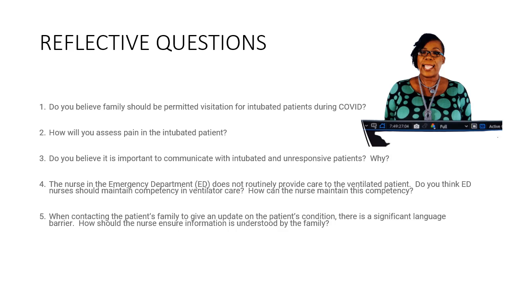Do you think emergency room nurses should maintain competency in ventilator care? Yes, because remember, if a patient's Glasgow Coma Scale is less than 8, they need to be intubated. It does not mean that the patient needs to be transferred to the ICU and then intubated. It means that you need to intubate right then and there in the emergency room.